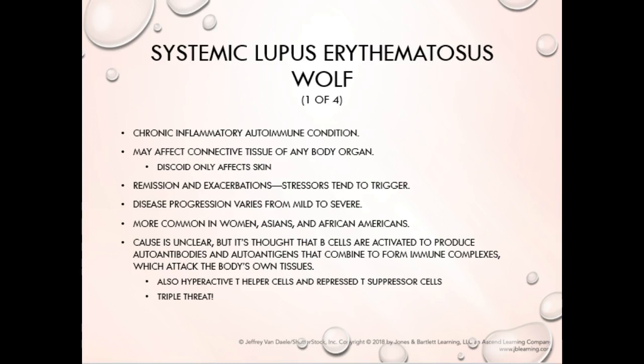But lupus means wolf. And what I had read and heard is that they felt that the malar rash that goes across your nose and your cheeks, and if you're not familiar with a malar or a butterfly rash, you can pause the tape and go to your supplemental information, and I'll have a picture of that malar rash for you.